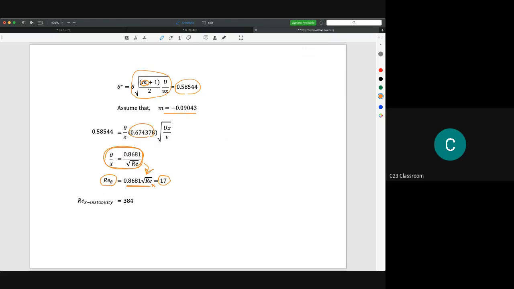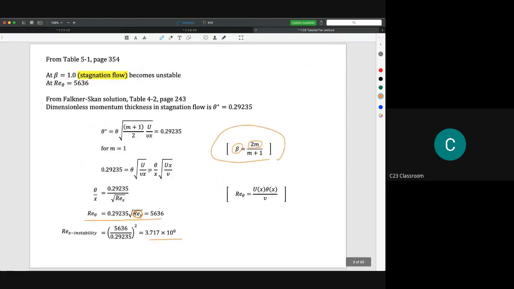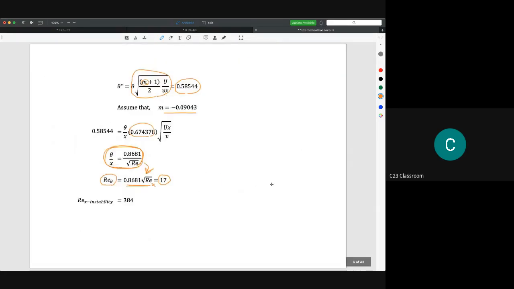It can be done mathematically, as I said here: you just substitute the value of theta that you have into this equation, and you will find it can be written as this one. Finally, we could find the value of the Reynolds number here. It is equal to 384, the Reynolds number before it shows a certain sign of turbulent boundary layer.